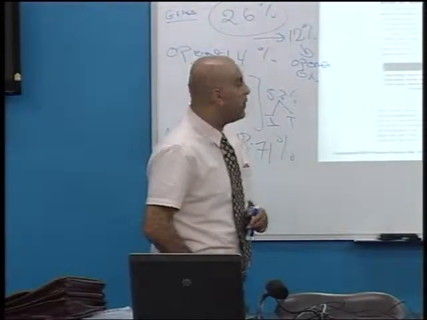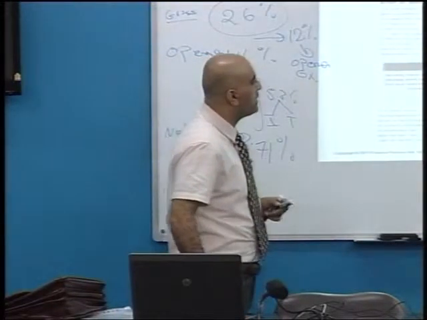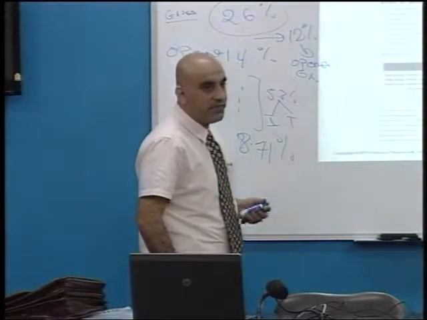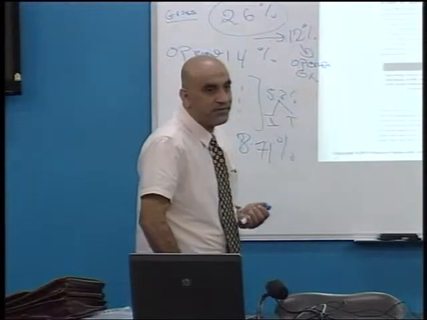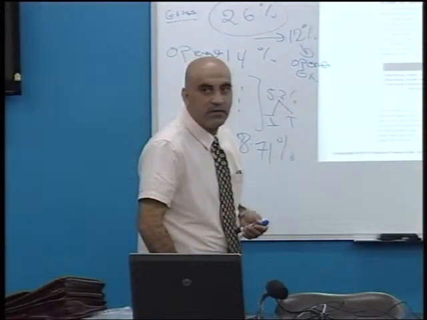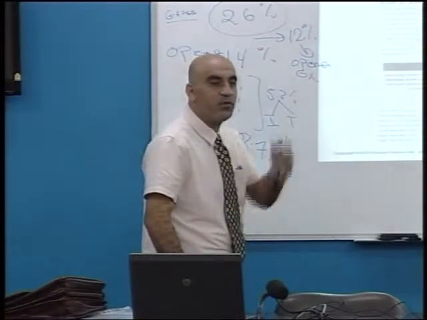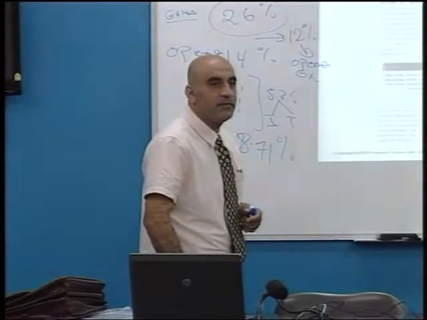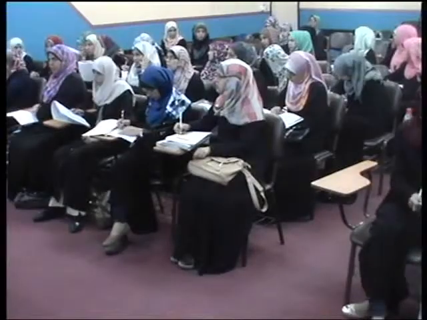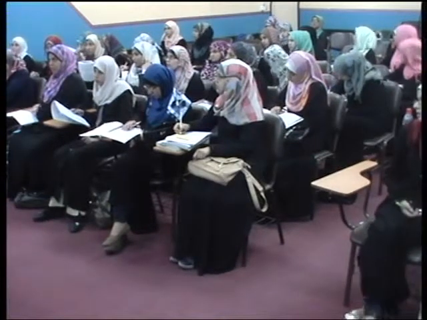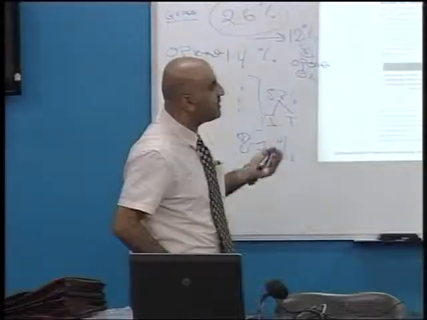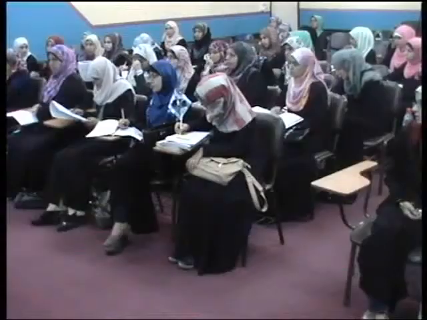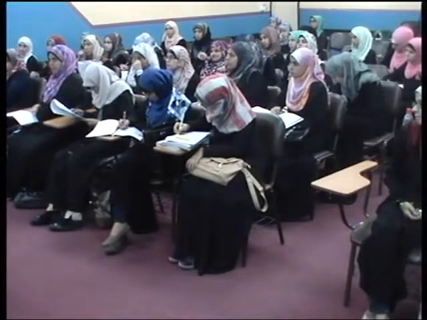Okay? Look at the second one. Operating profit margin, 10.65%, and we have 10.98%. So what do you think? Khulud, what do you think? The second. But do you think there is a big difference between them? No. No difference.